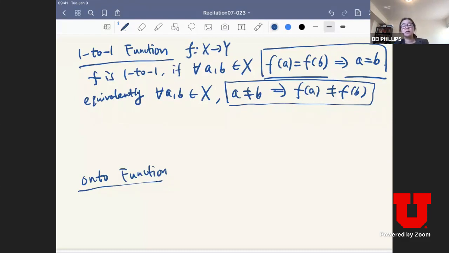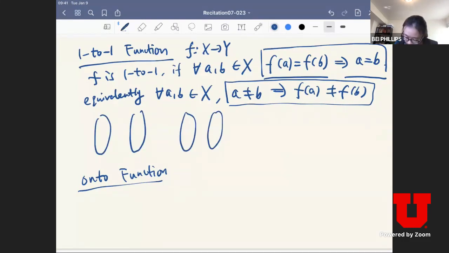This means that if I have distinct elements in the domain, they map to distinct elements in the codomain. So the typical pictures of it, I'm going to draw a bunch of pictures, again using the arrow diagram we just saw.